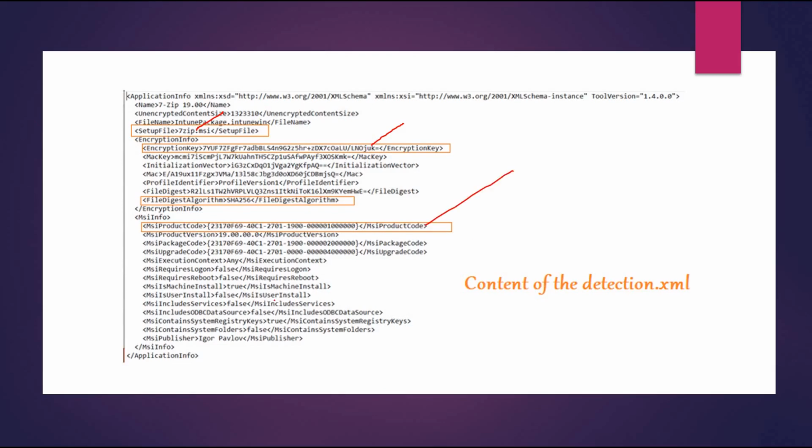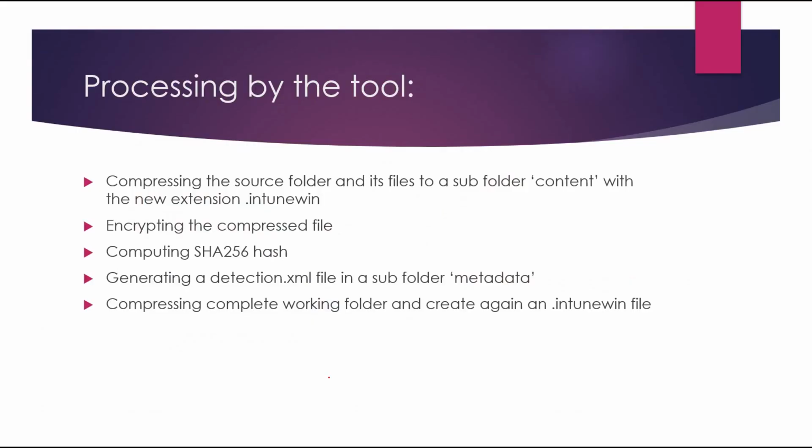This is how it automatically populates in the portal when we upload it. It also contains other information, such as whether the application requires a reboot when you install it. So this is where we were compressing the source. What is the processing that the tool is doing?